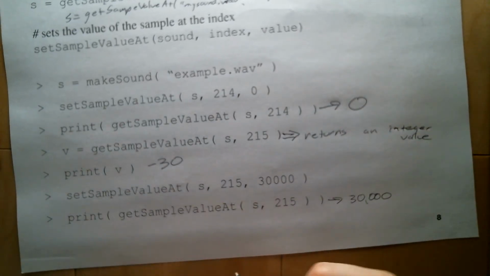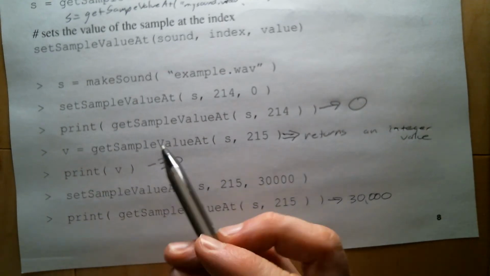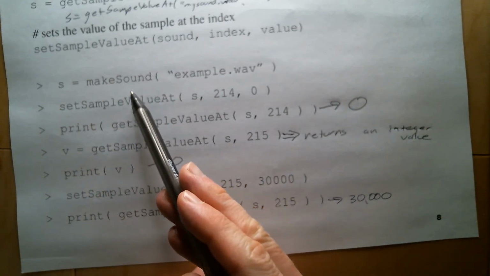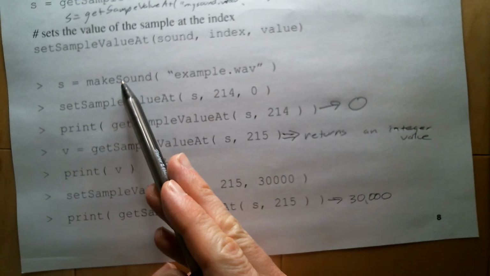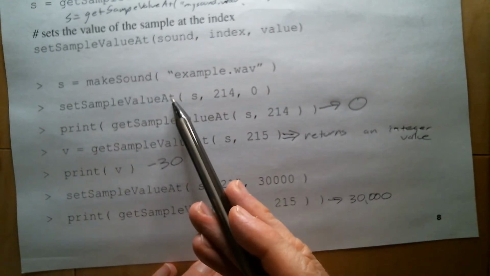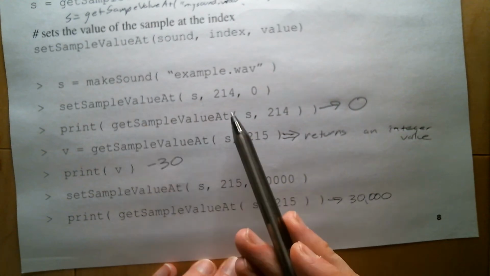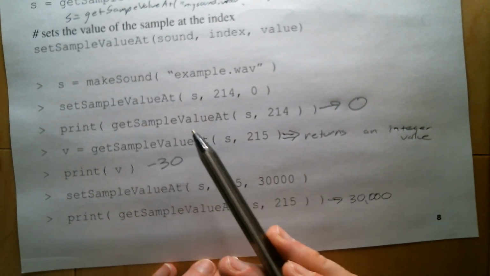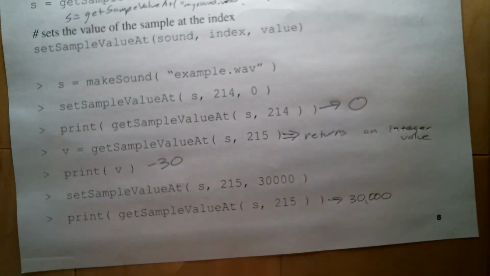All right, because that's going to return the integer, and then we're just going to print out the integer. All right, so we've got all sorts of functions that are built into JES that can allow us to make a file. They can allow us to change individual values. They can allow us to retrieve individual values, much like we could with the pixels inside of our pictures.